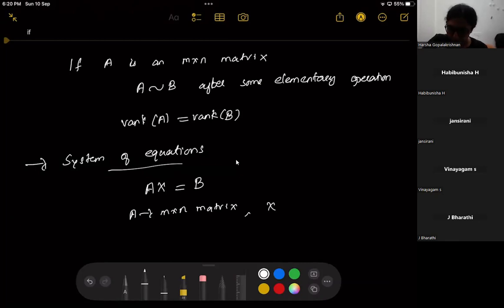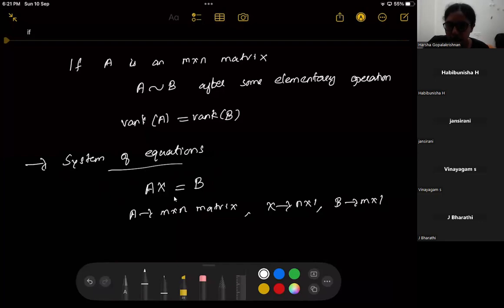And m by n times n by 1, what we obtain is an m by 1 column B. So this is actually a system of linear equations we are writing in matrix form. How we can write it in matrix form, we will come to through the questions.